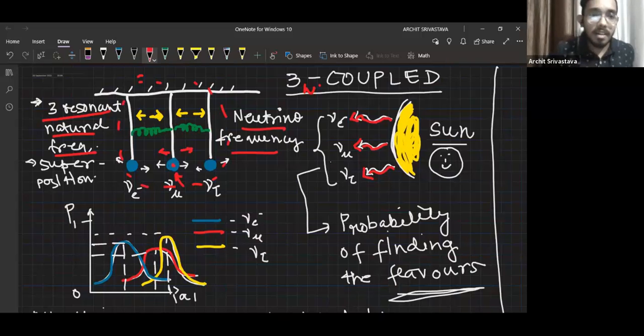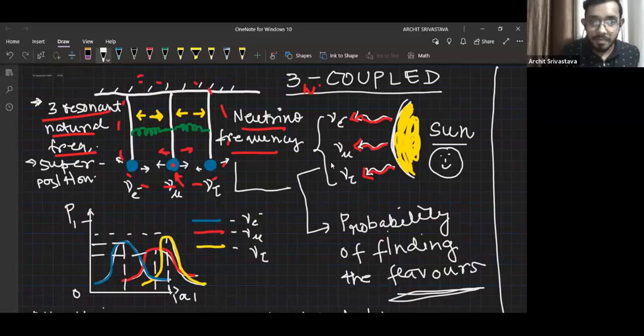Because in the quantum domain we have probabilities of the states. The amplitude and the probability are the major properties that we look into, and the same thing is happening over here.